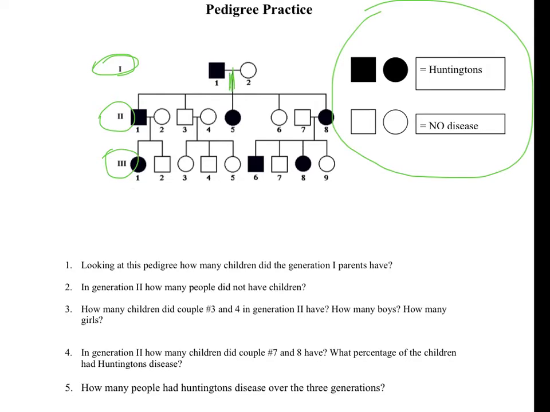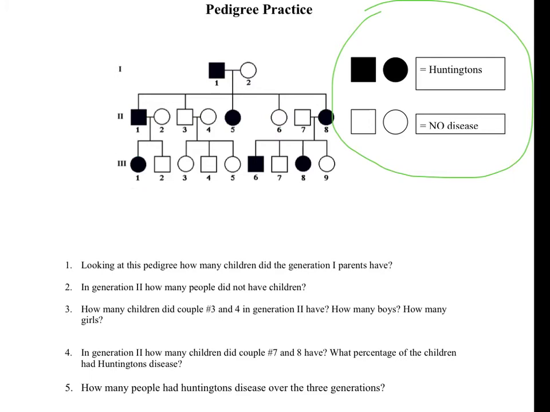This line here connects to, if we follow it, one child, a boy, another child, a boy, another child, a girl, another child, a girl, and another child, a girl. If we count, they had 1, 2, 3, 4, 5 children. So how many children did generation 1 parents have? The answer there is 5.